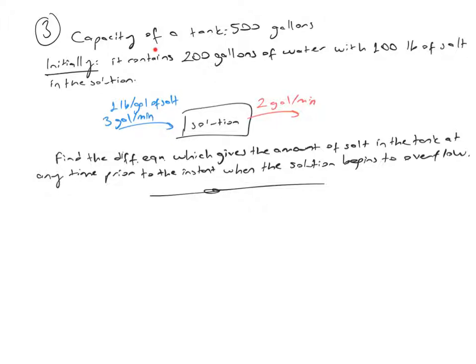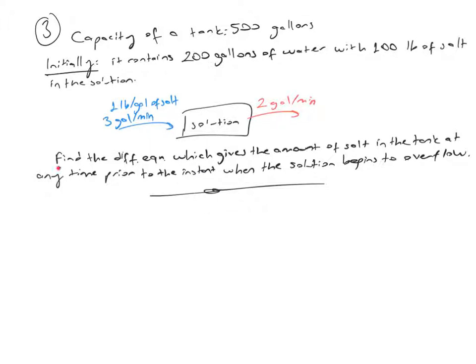In this problem, we are given a liquid problem. The tank in the problem has 500 gallons capacity. And initially it contains 200 gallons of water with 100 pounds of salt in the solution. Water containing 1 pound of salt per gallon is entering at a rate of 3 gallons per minute, and the mixture is flowing out of the tank at a rate of 2 gallons per minute.